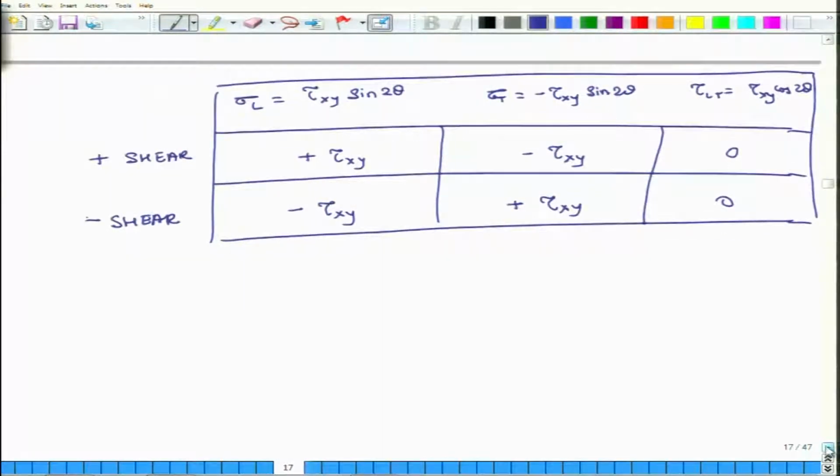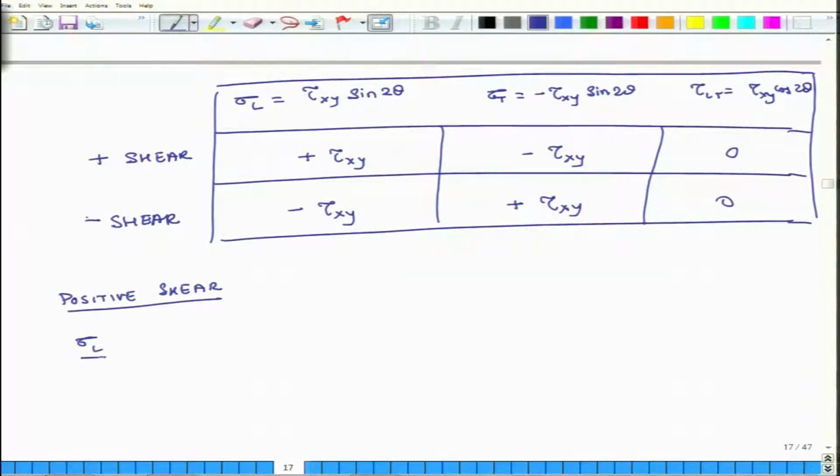So, for these two situations now we explore the failure stress. Positive shear first, and we use the maximum work criterion. What does it say?